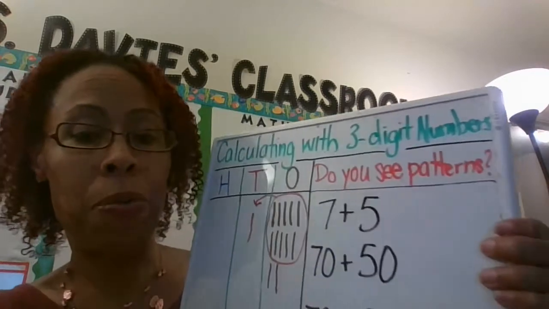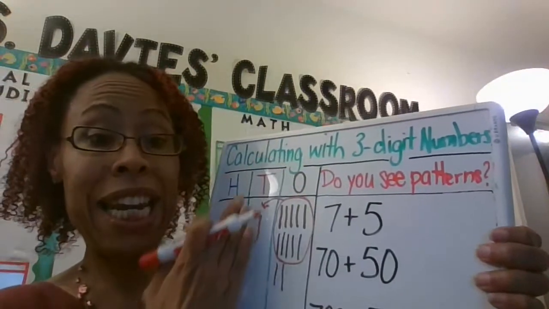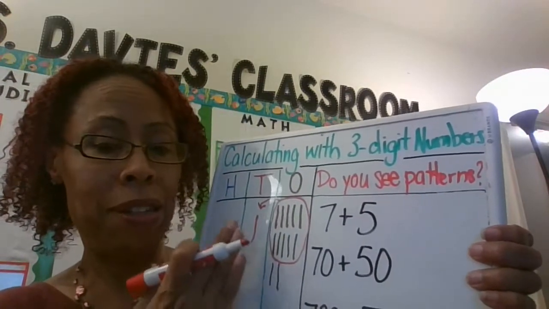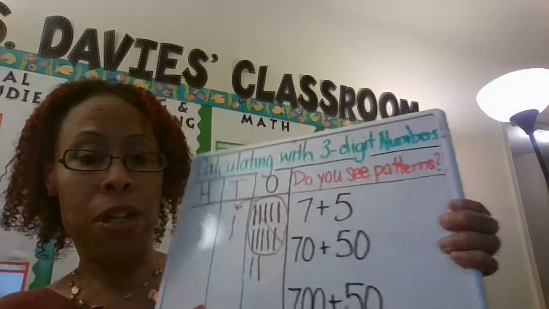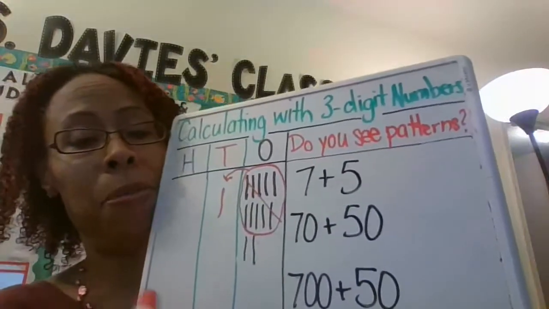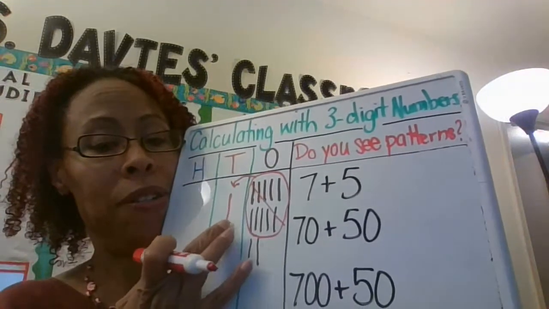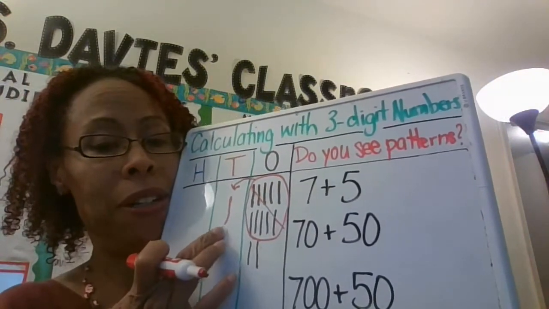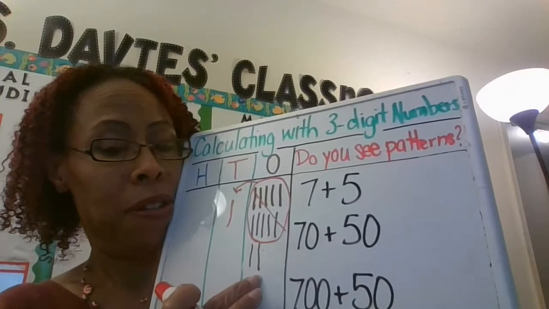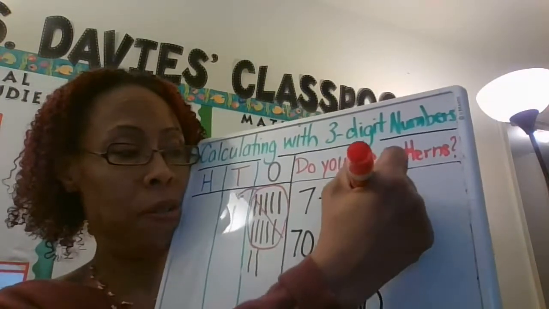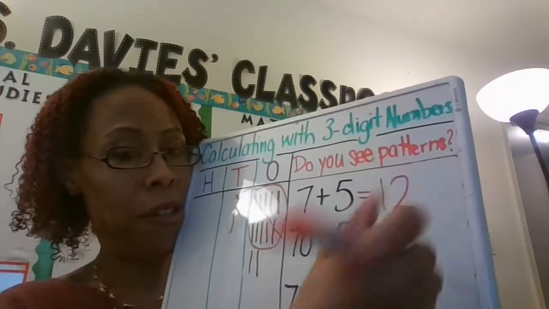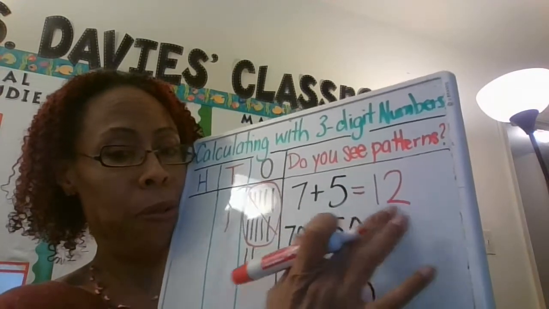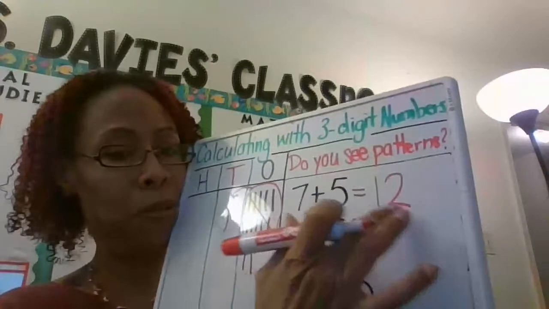Now that we've created that 10, we've just renamed the ones into a 10. So, in a way, we're not removing them, we're just changing them into a new entity. So we have 1 ten and 2 ones. 1 ten and 2 ones is equal to 12. We say that 12. 7 plus 5 equals 12.